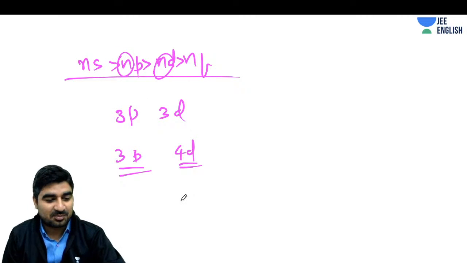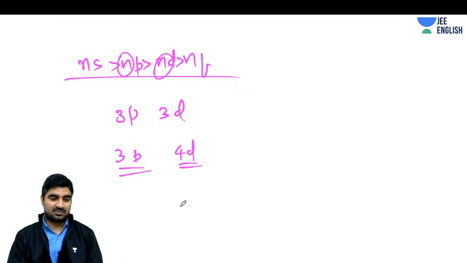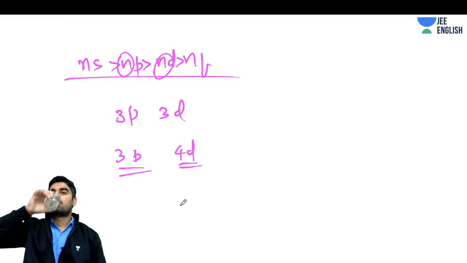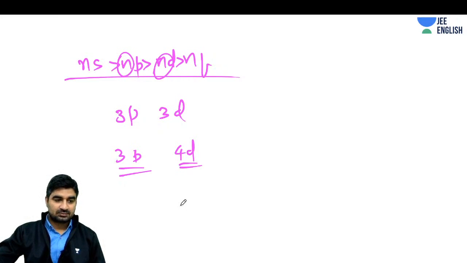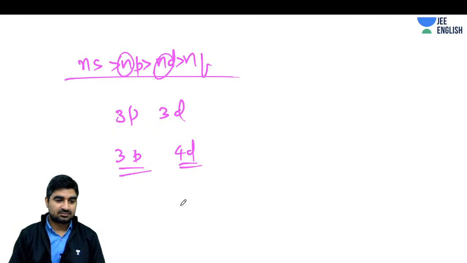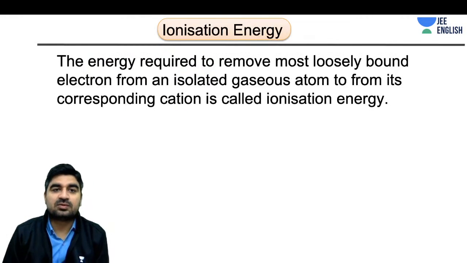So shell number should be same. Shell number should be same. Got it? Tell me now. Any doubt? Any doubt if you guys have? No doubt. So let's move now.